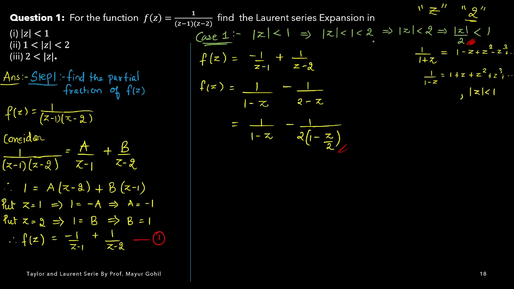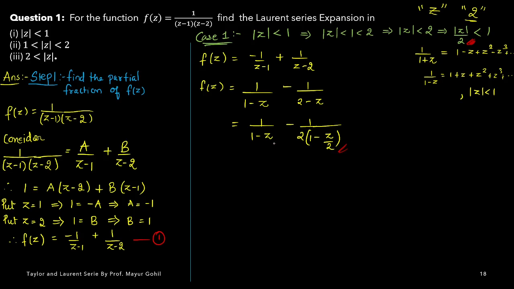This was the important thing. Why did we make everything less than 1? One reason is that we have these two formulas for expansion, and we have to see the condition given: mod z less than 1. Now when mod z is less than 1, mod z is less than 2, so we can write it as mod of z upon 2 less than 1.